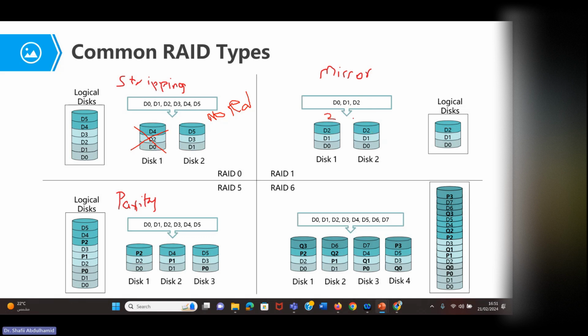So you have 2 here and you have 2 here. Basically, this is meant for recovery. If this crashes, you still have your 2 gig here. So this is good for redundancy, mirrored.